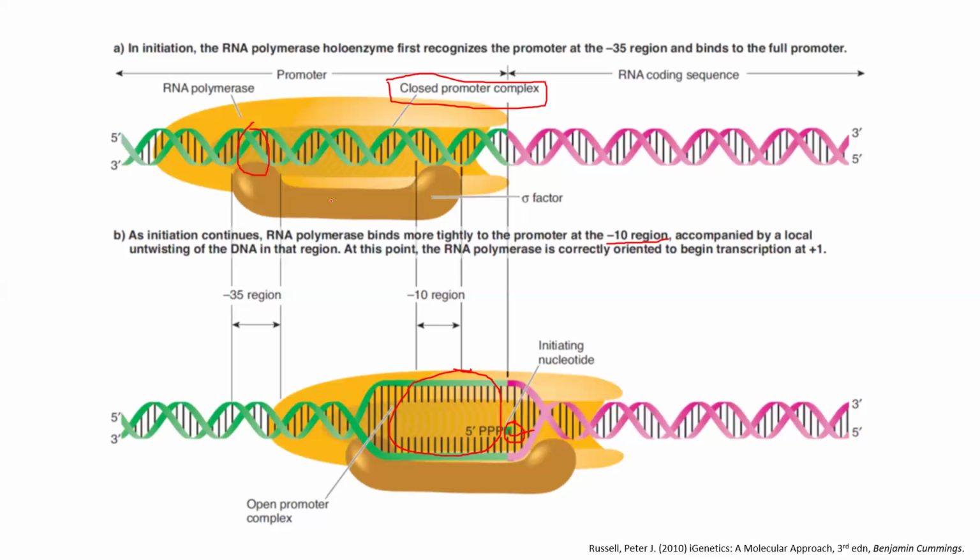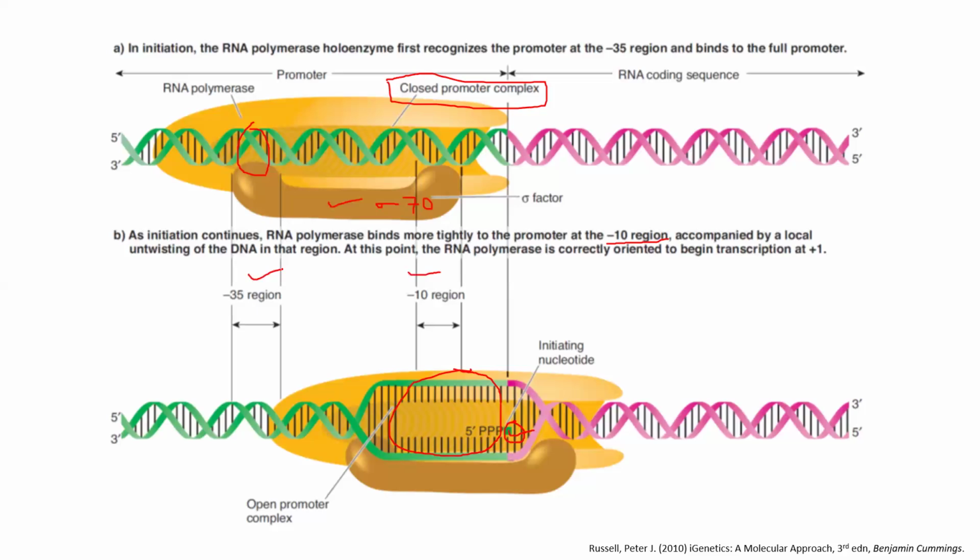There are many sigma factors, not just one. This sigma factor, which is in the picture, is sigma 70. It's called sigma 70 because it has a molecular weight of 70,000 daltons. And this sigma 70 is a housekeeping sigma factor, which recognizes the -10 and -35 consensus sequences present in most of the promoters in bacteria.